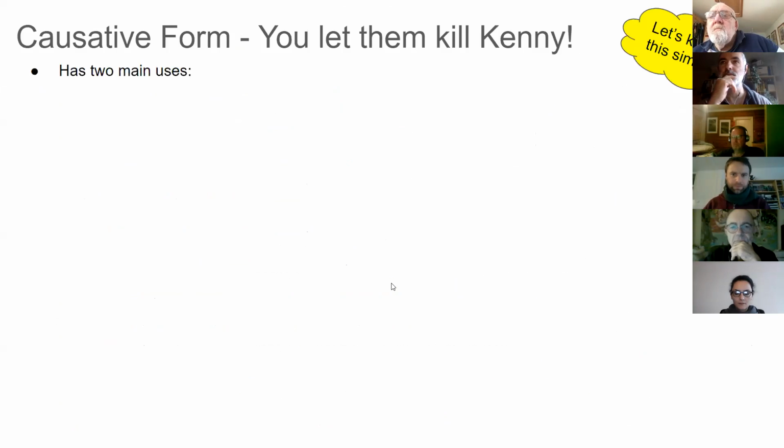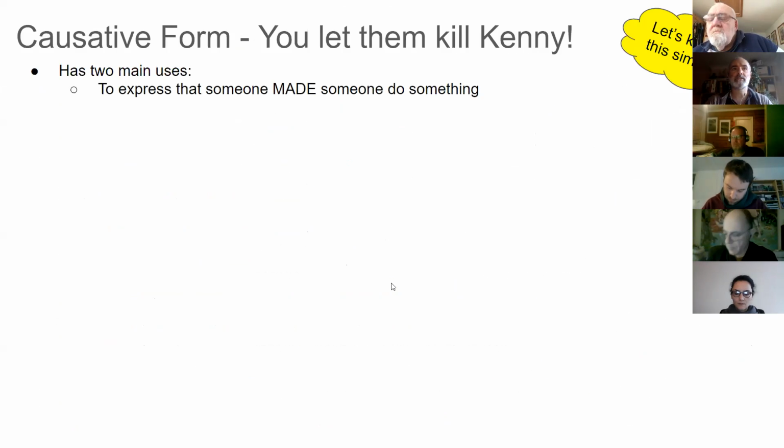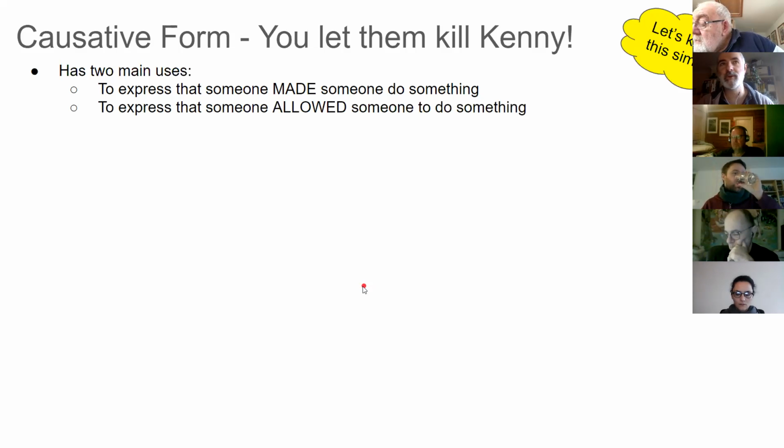So we've got two main uses of the causative form. One is to say that someone made somebody do something, like the policeman made me get into the car. Not something I'm saying frequently, I have to say. And the second situation is where you want to express that someone has allowed somebody to do something.